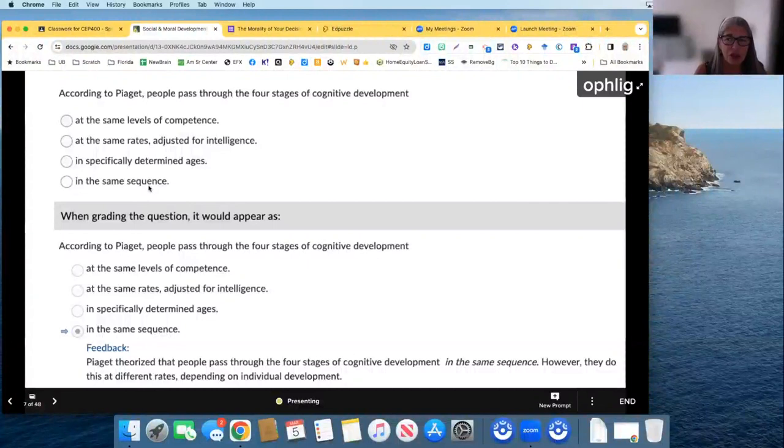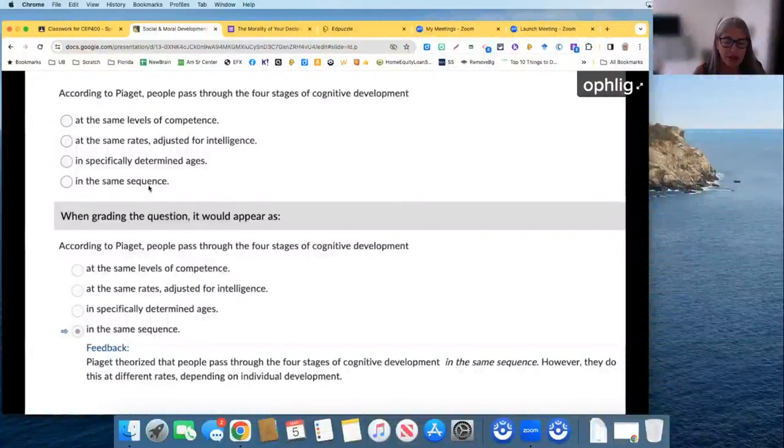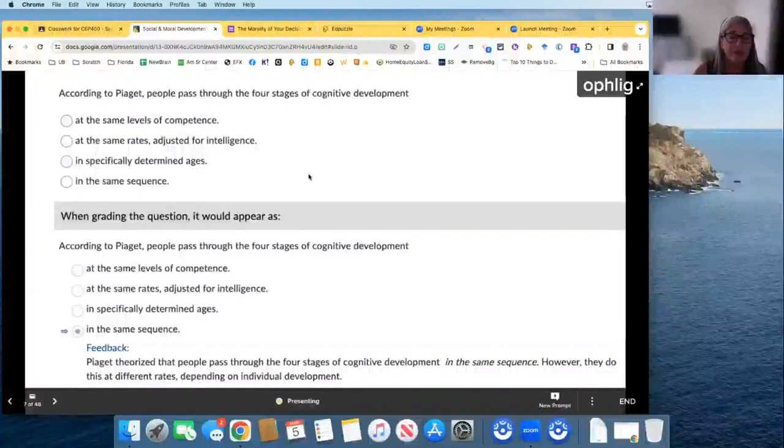You wouldn't have a child who's 3 go into formal operations before they go into concrete operations. So that same sequence is how children learn, but it might be at different times in their life. Some students might go through it faster than others. And as Vygotsky will say, this is a result of their environment and the opportunities that they have to learn.